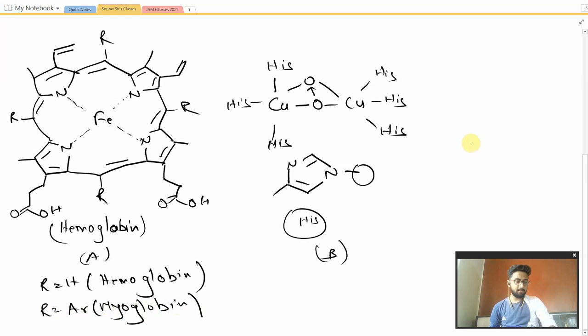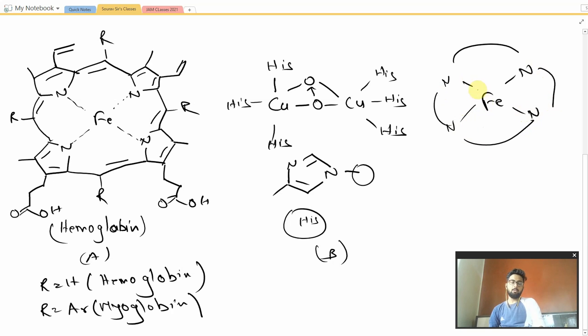And the last structure is cytochrome P450. Let me draw that structure for you too. I'm not drawing the full structure anymore because it would take quite a lot of time. So Fe, N is attached, N is attached, N is here, and N is here. We have this bonding over here.